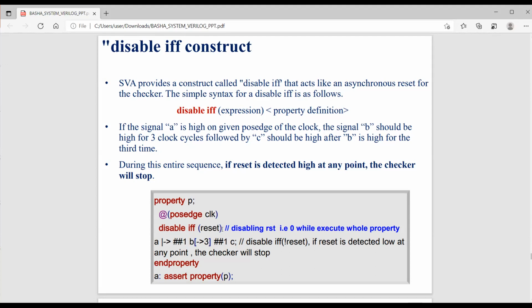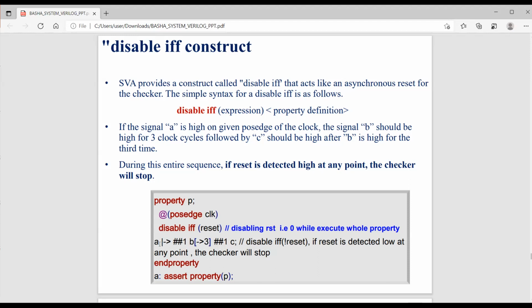Reset equal to 0 is still valid. You are disabling only for one value of reset, that is 1. So when your reset is high, you are disabling that property, meaning you are not checking when reset is high.